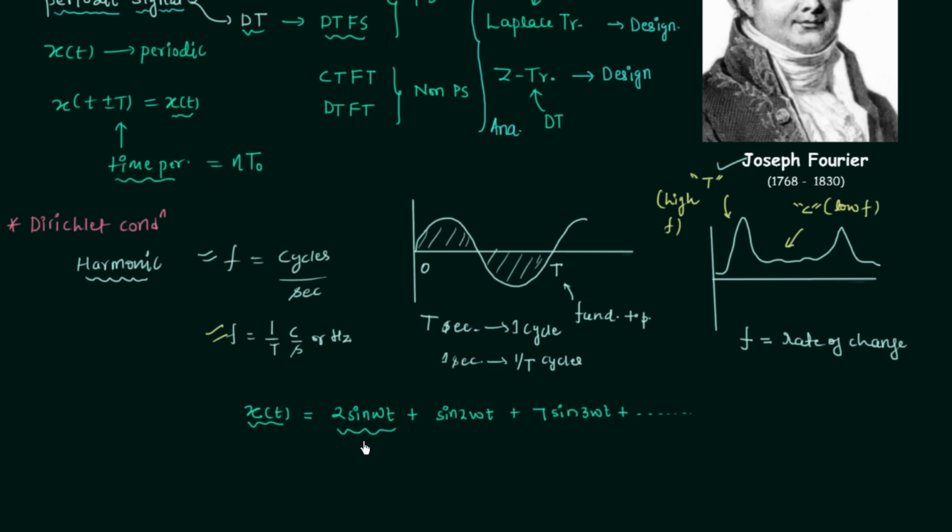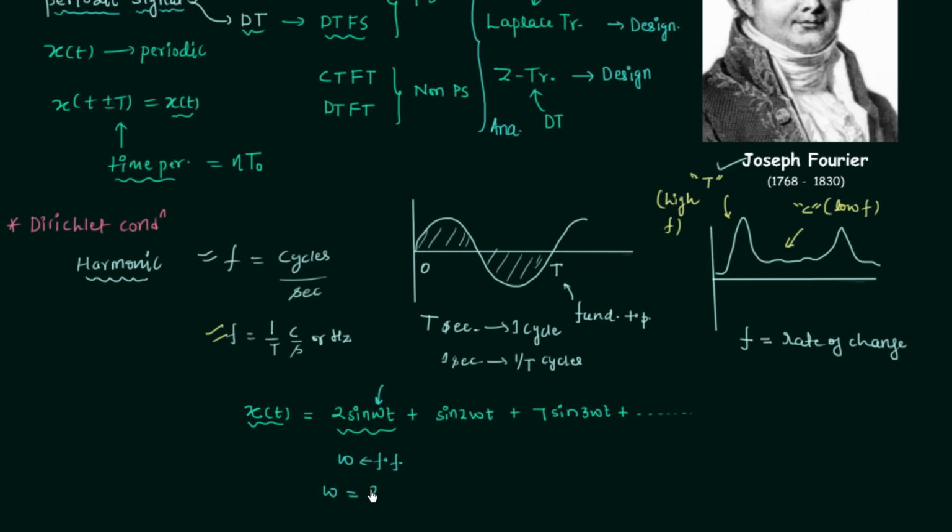2 sin(ωt) is the original signal, and it is also known as the first harmonic because you can see the frequency. Here frequency is ω. ω is the fundamental frequency, or more specifically it is fundamental angular frequency.